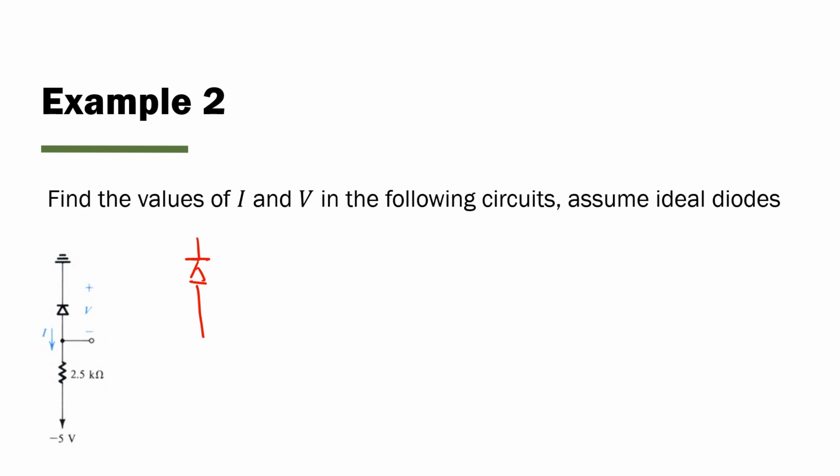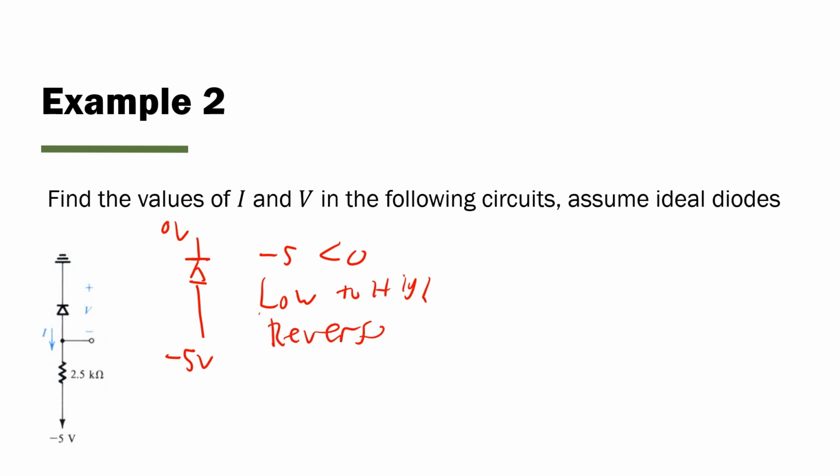So the anode observes negative 5 volts. The cathode observes 0 volts. Now you want to be careful with these negative values. Negative 5 is less than 0. Therefore, we're going from low to high. So this diode will be reverse biased.